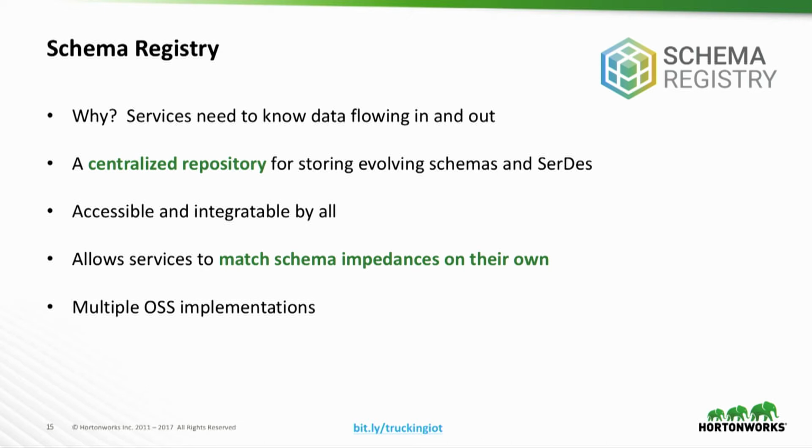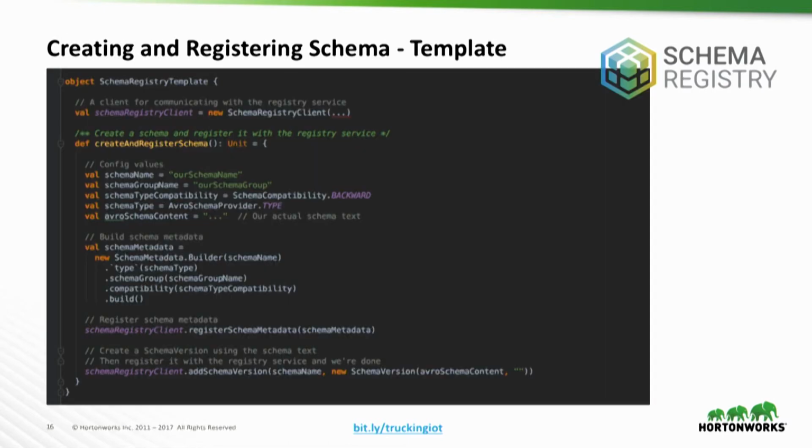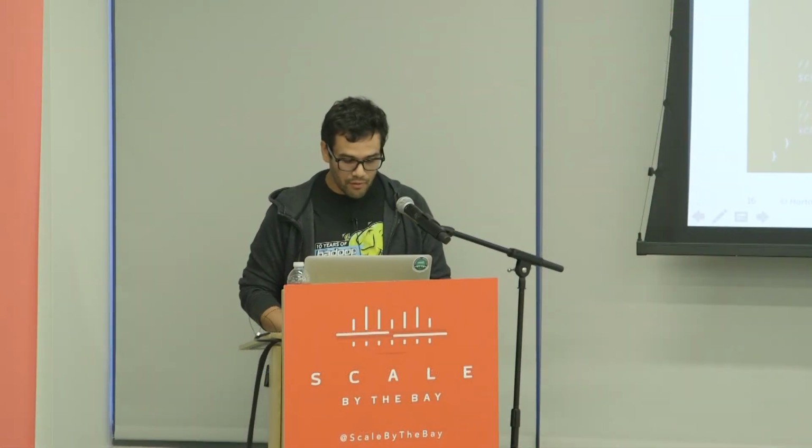There are multiple open source implementations of Schema Registry, one by Confluent and one by Hortonworks. We won't go over registering schema, but here is a stub on exactly how you do it. It's pretty straightforward. Again, more information in the repo.